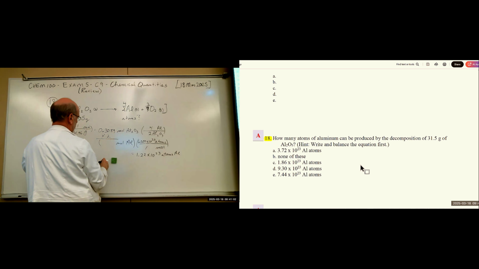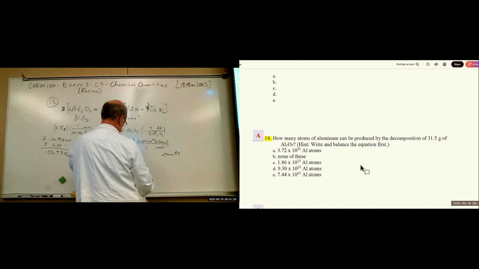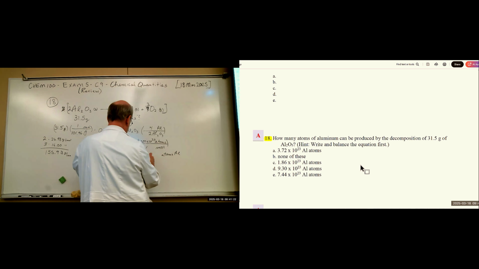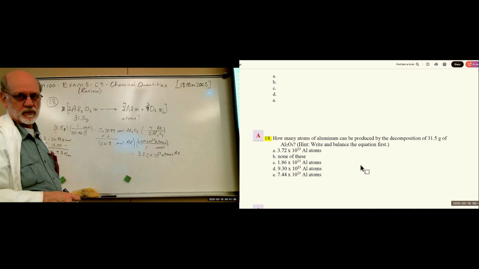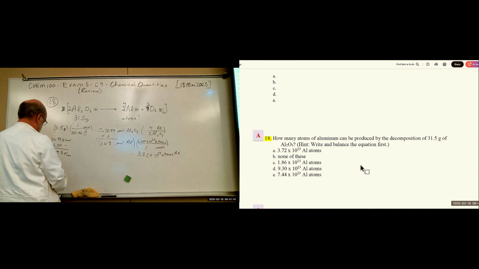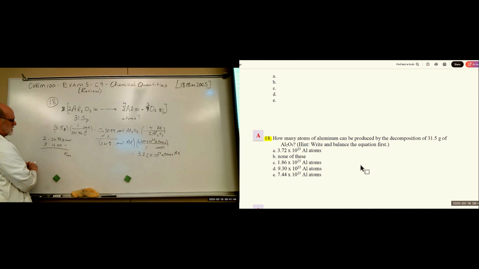Now 0.618 times 6.022, that's 3.72 times 10 to the 23rd. Okay. All right, so if I hadn't corrected myself, I probably would have answered B, and that would have been wrong. So this calculation is very important.